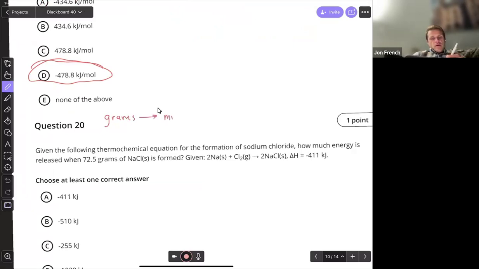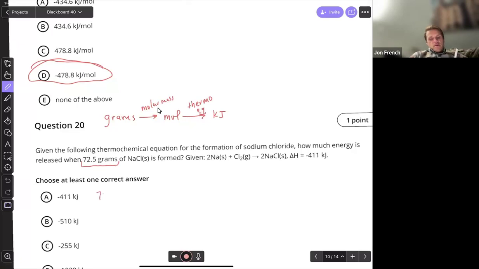All right, we're going to go from grams to moles and then moles to energy using our thermochemical equation. So I've got 72.5 grams of sodium chloride. To go from grams to moles, I need my molar mass. That's what I asked for. And then we would need our thermochemical equation for the next step.